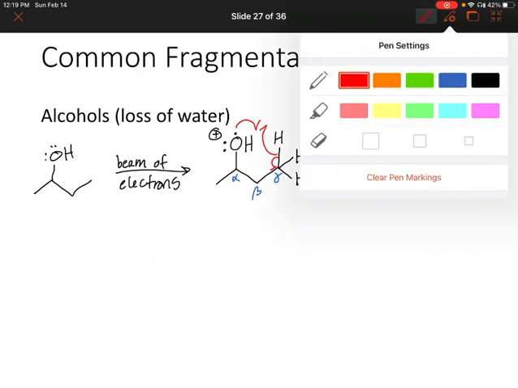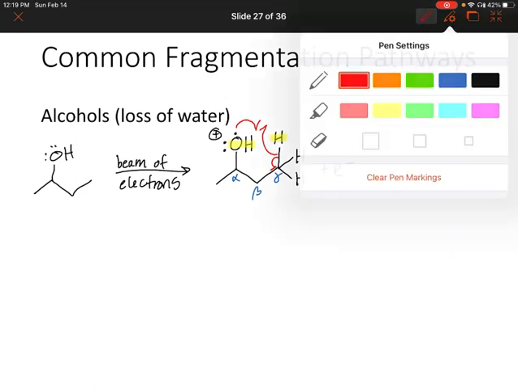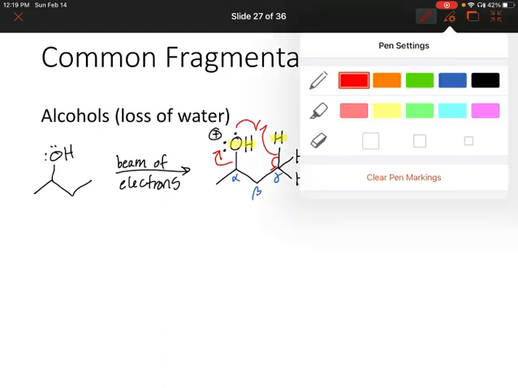Now, that's going to end up forming a water molecule, H2O. And remember, H2O is a good leaving group. So, the water molecule is going to leave, and notice I drew a double-headed arrow for the loss of water.